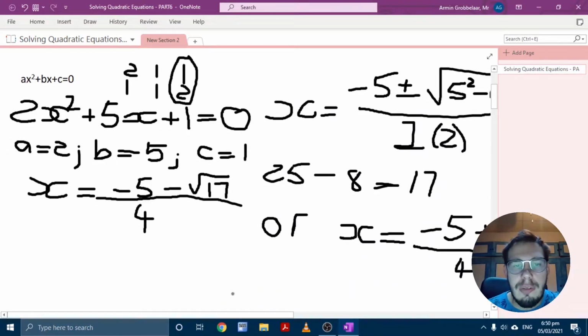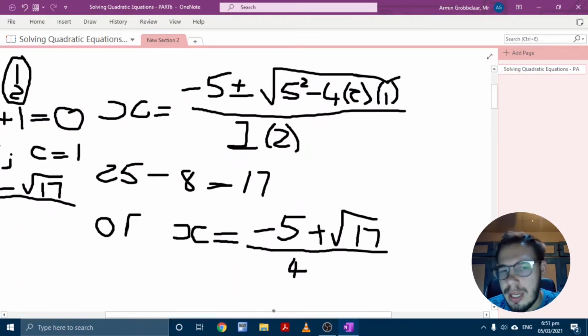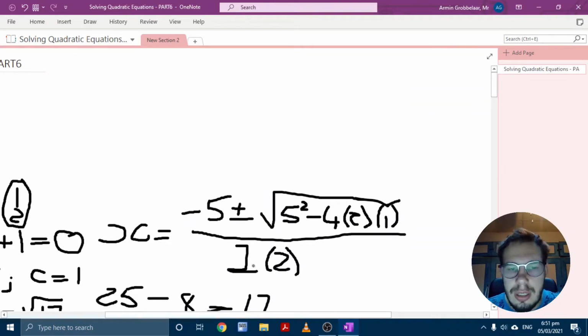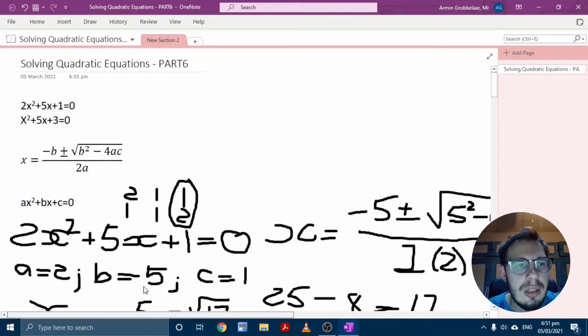So there I have the two x's for this quadratic equation. The one solution is minus 5 minus the square root of 17, all of that divided by 4. Or the other x is minus 5 plus the square root of 17, all of that divided by 4.